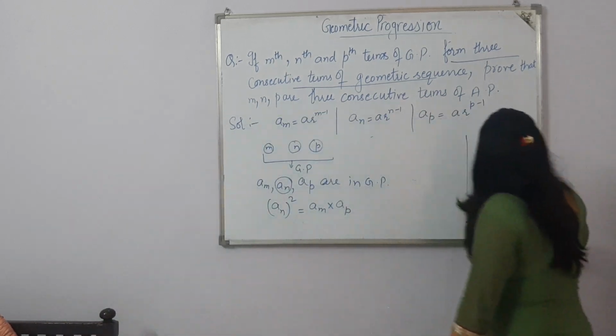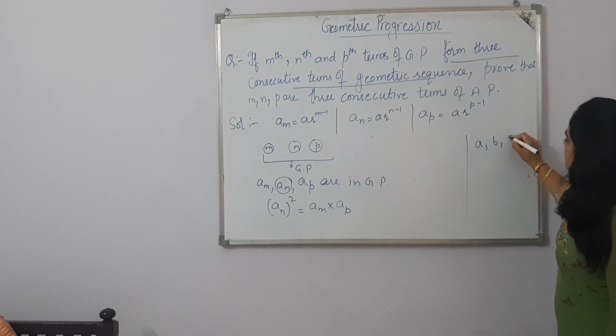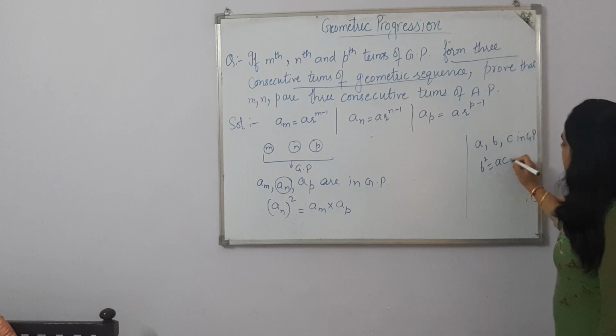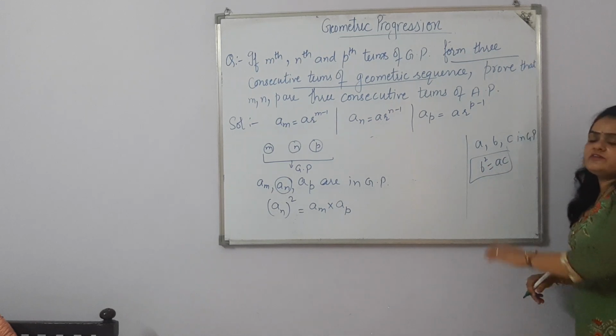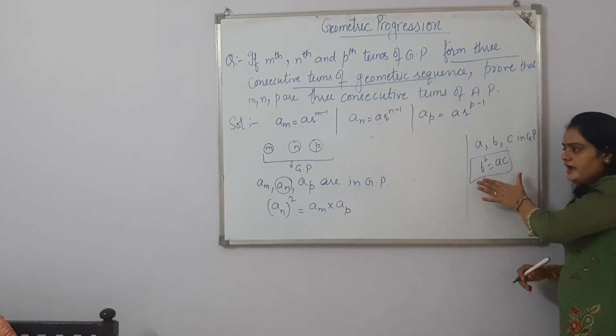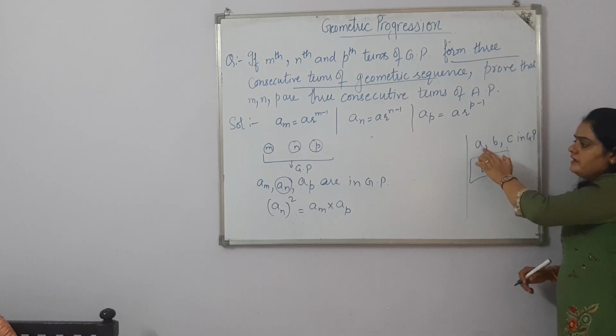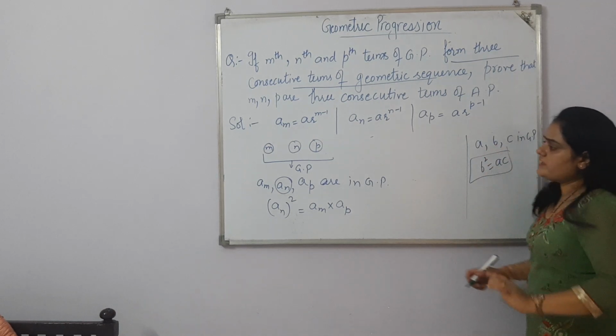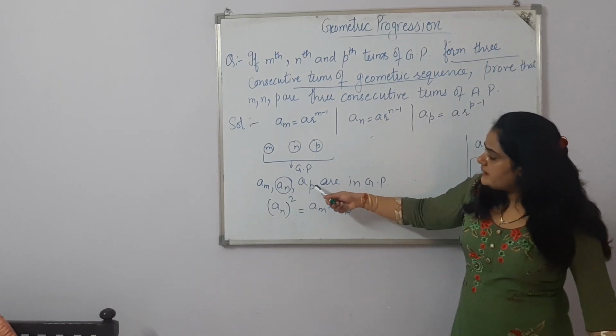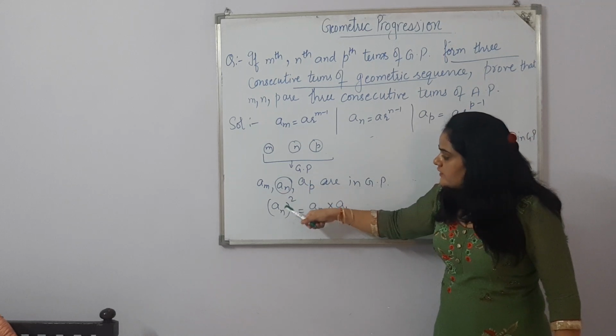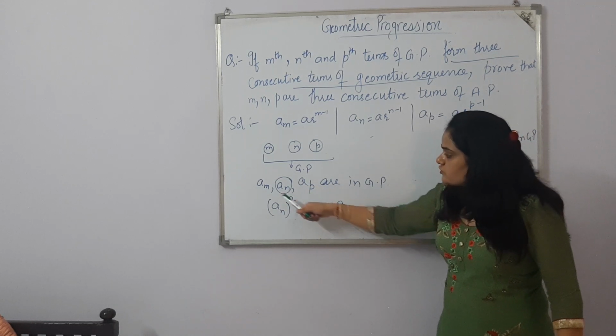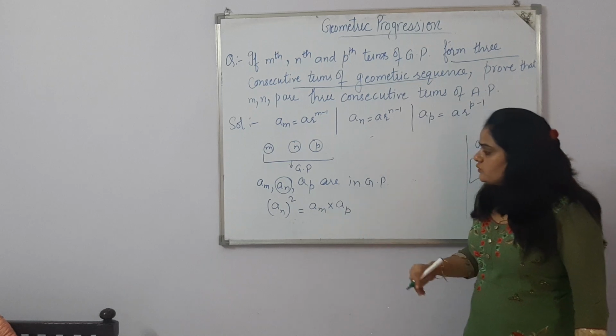What we did before, that if a, b, c are in GP, then b square is equal to ac. In the previous lecture we did this result. I have applied the same result here. Here in place of a, b, c we have am, an and ap. So the middle term is an, and an's whole square is equal to the product of its exteriors, am into ap.